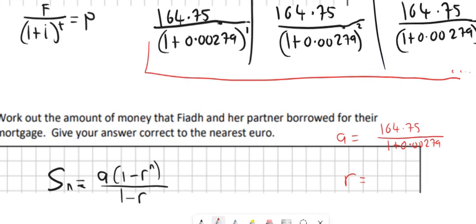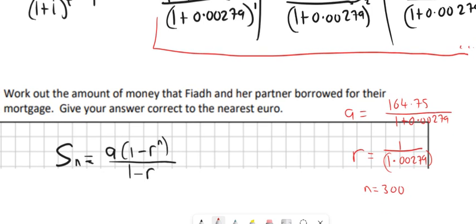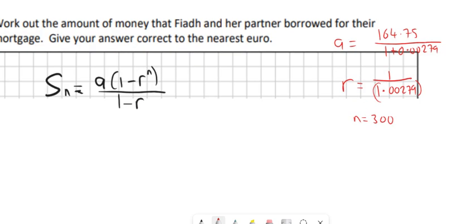So overall we're multiplying by 1 over 1.00279. I'm just adding the 1 to the 0.00279. Yeah, that's what R is. And then our n here, we're looking for the sum of the first 300 terms in that sequence, so we're looking for them all added together.